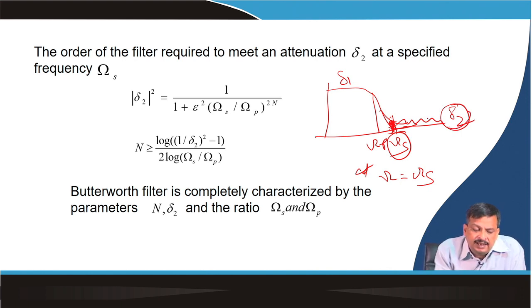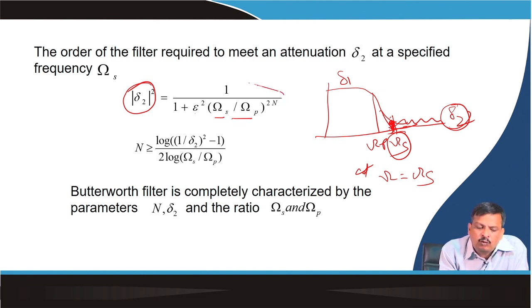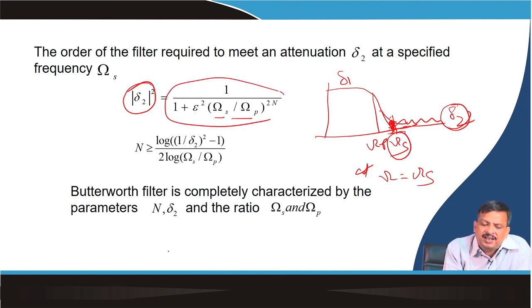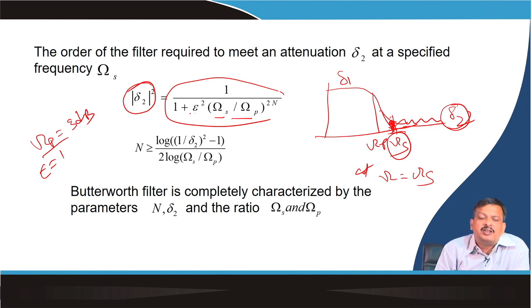So this side is delta 2 squared and the other side is 1 plus epsilon squared into omega s by omega p to the power 2n. If omega p is defined at 3 dB down, then epsilon is equal to 1, otherwise I have to calculate the epsilon value. From there I can calculate n.